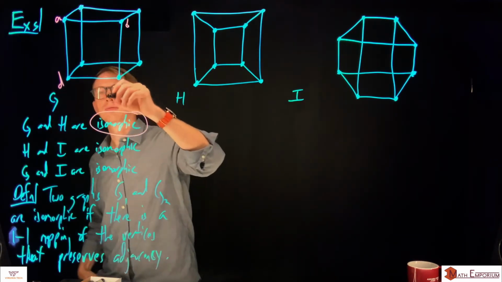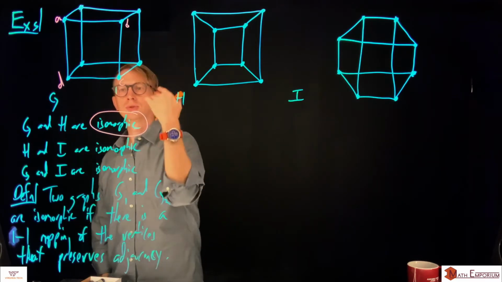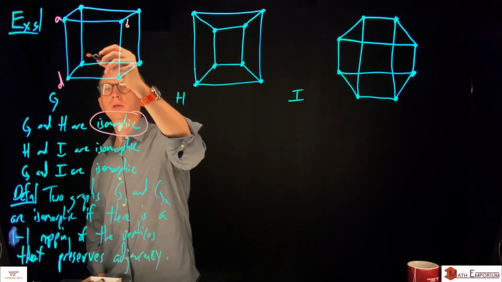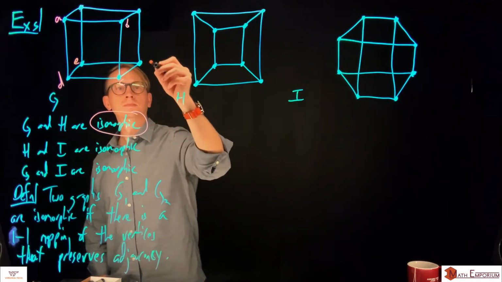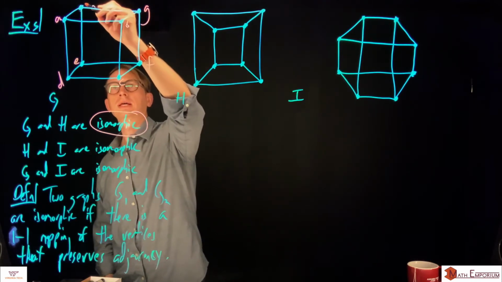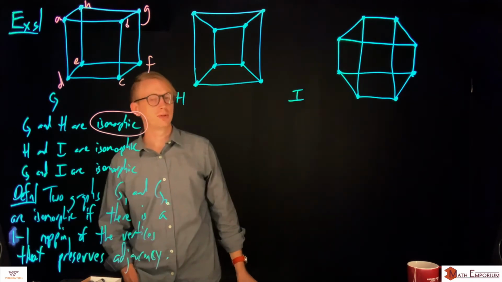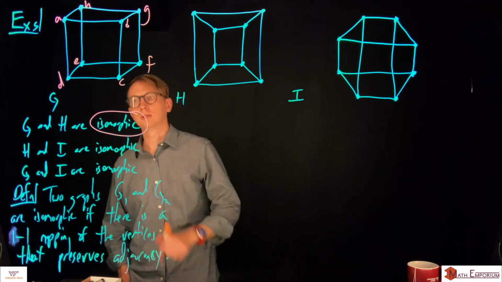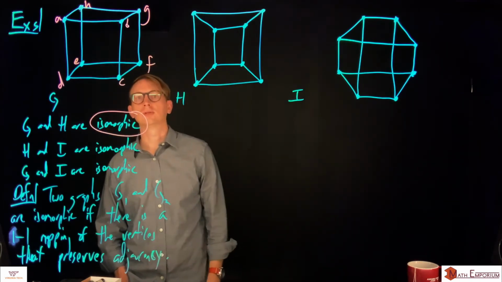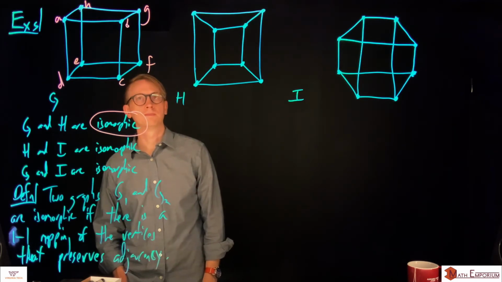I'm not sure if it looks like the front or the back to you. It actually just depends on which way your mind pops it out. And we go E, F, G, and H. And I'm using lowercase letters because I've used uppercase letters for my graph names. So I'm just going to switch to lowercase so you can see that the G's and the H's don't get confused with one another, hopefully.